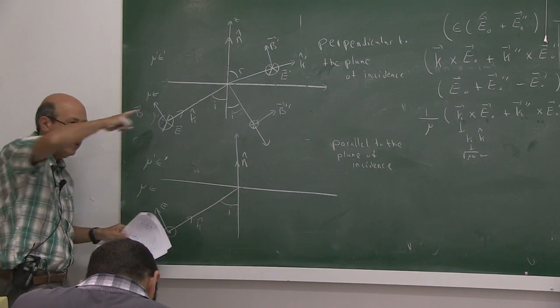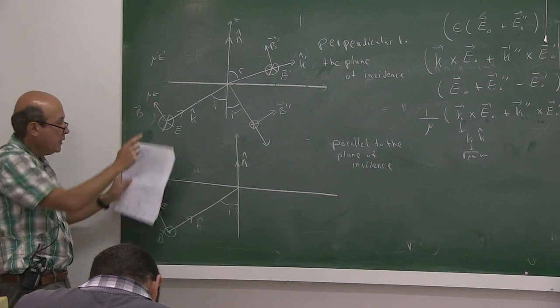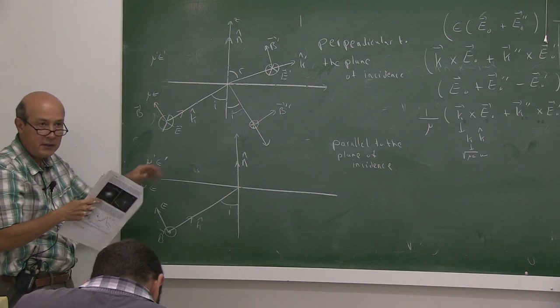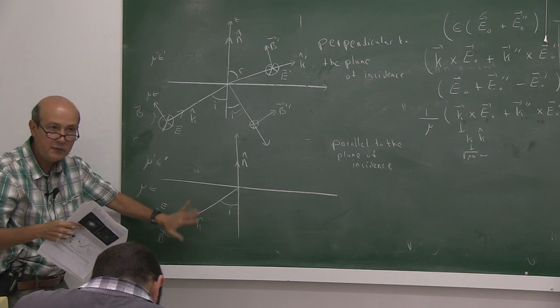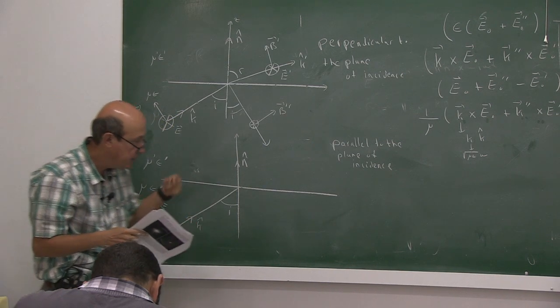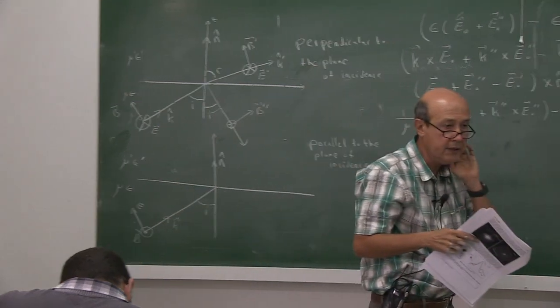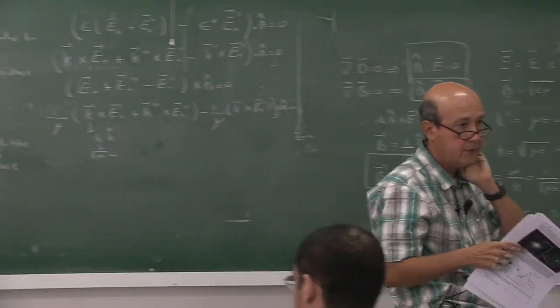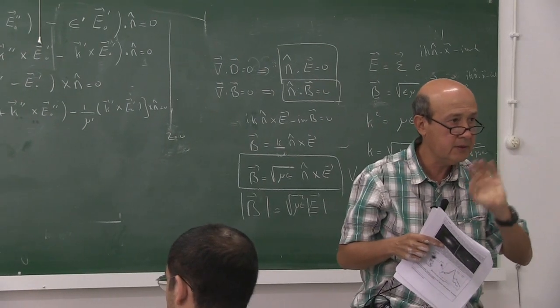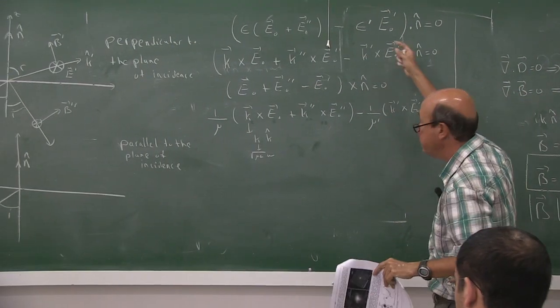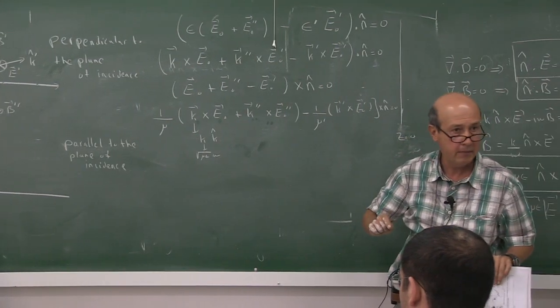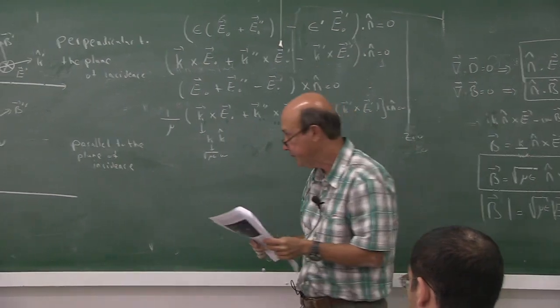In general, the wave could be anything. You can decompose your field into perpendicular and parallel to the plane of incidence. But the different polarization modes have different reflection and transmission forms, even if the boundary conditions are the same, because the geometry is different.